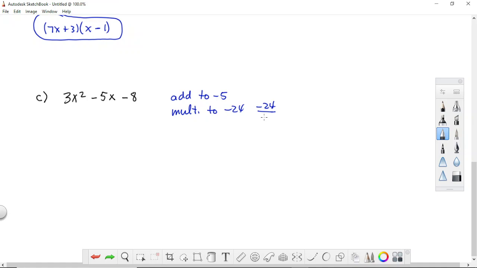And we can see what that's going to be, right? Negative 8 and 3. Because the larger absolute value is the negative 8. Negative 8 plus 3 is negative 5. So we've got it.